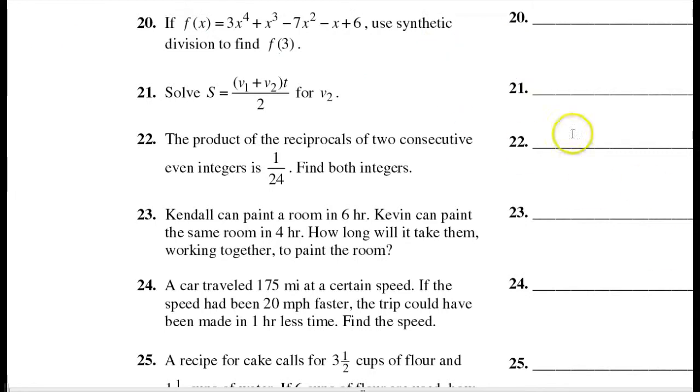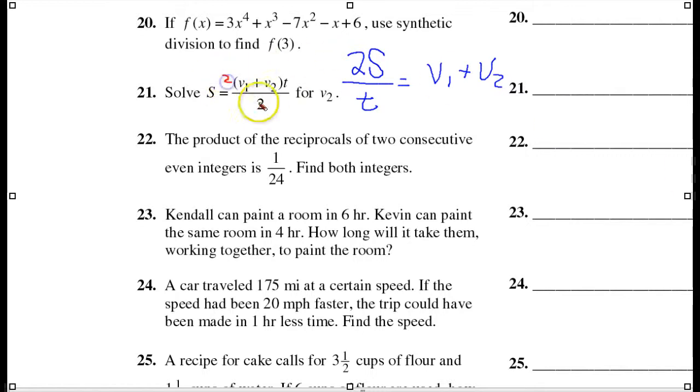Now for this next one, they want us to solve for this particular variable right here. So we can kind of highlight that letter there, V2. So what we're doing, first thing I'm going to do is get rid of this fraction 2 by multiplying both sides by 2. Here the 2's cancel out, and I get 2s.